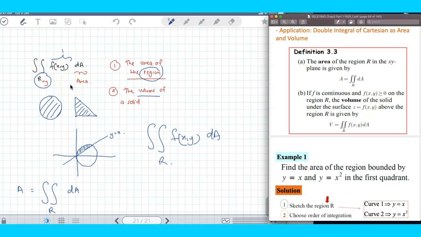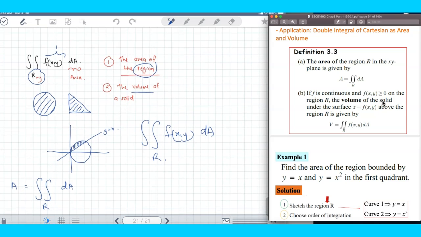You have to sketch the solid. So what is the solid and what is the region? A region is a closed and bounded curve on 2D. But solid, there is a word solid here, right? It is a closed and bounded surface on 3D.